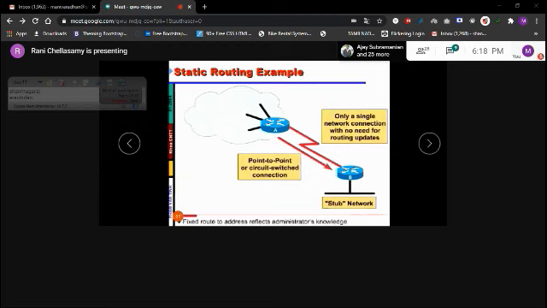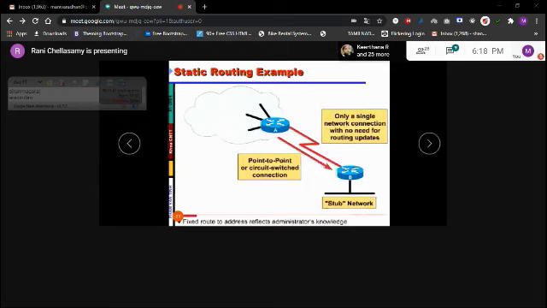That is flooding. It requires no network information. It goes forward to the neighbors.